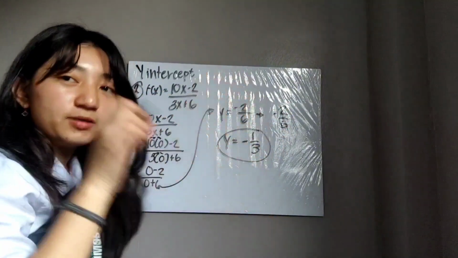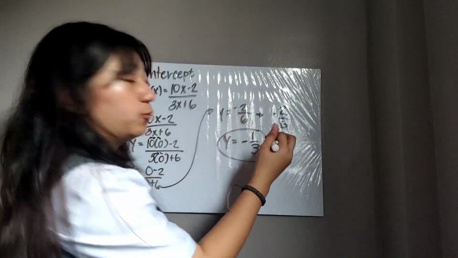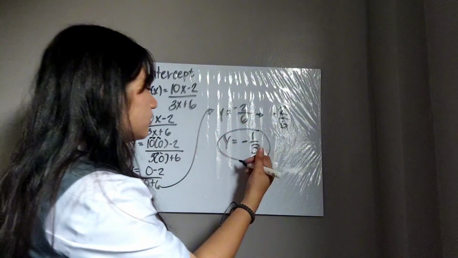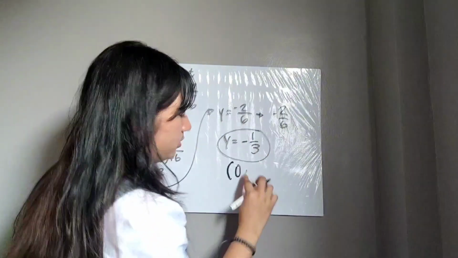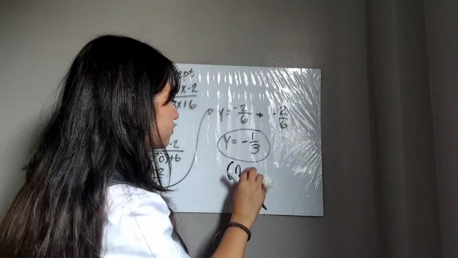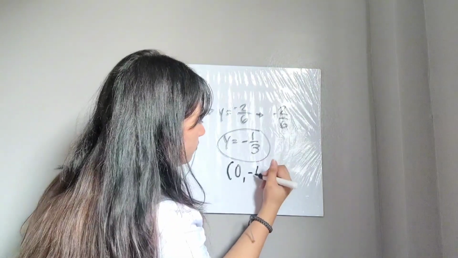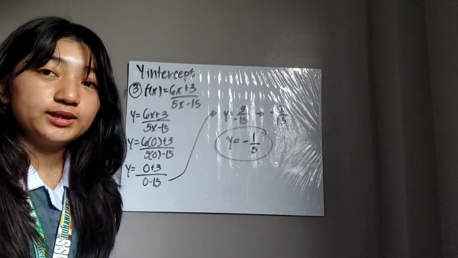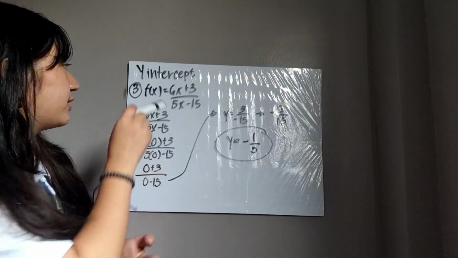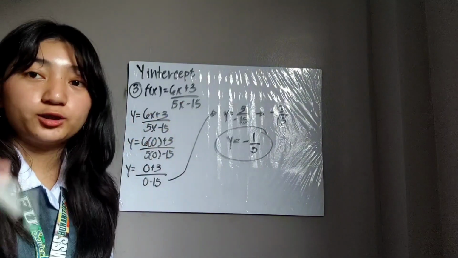And pag sinimplify pa natin sa calculator, is y is equal to negative 1/3. So, gawin natin ito into ordered pair: 0, negative 1/3.